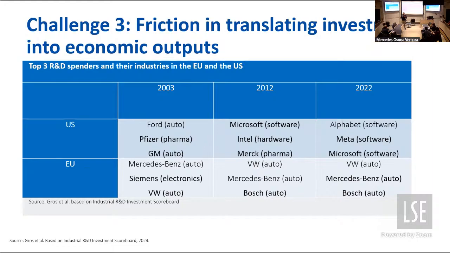And this is a reflection of a certain inability of Europe to create these new champions, these companies that start up their activities but very quickly scale up to become these global giants in the world and that are driving many of the growth that is happening in Europe.